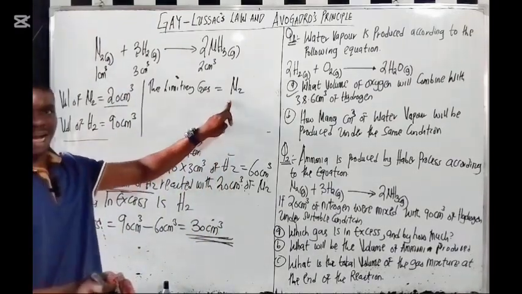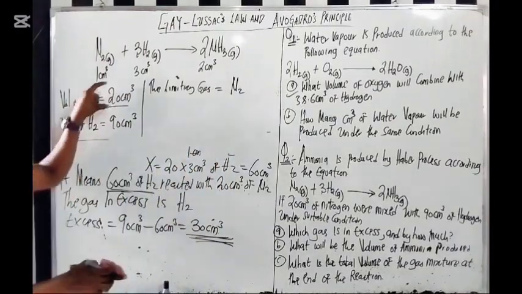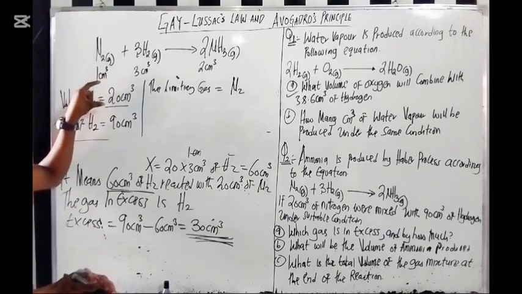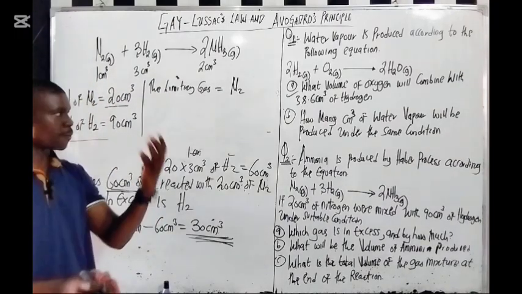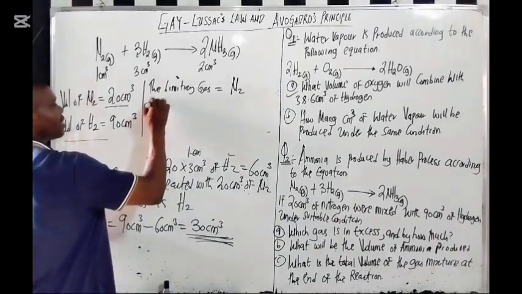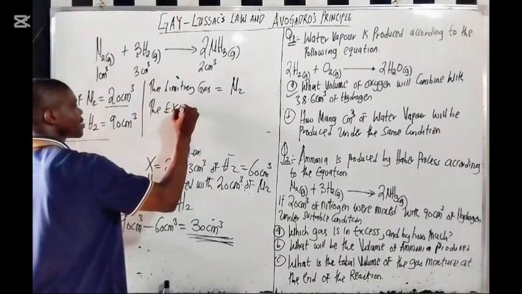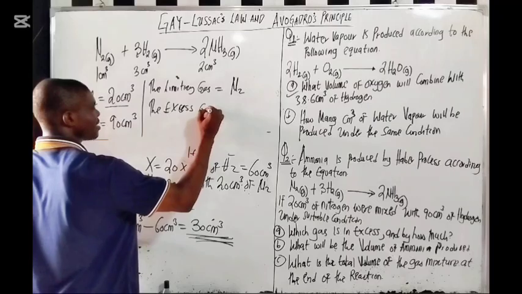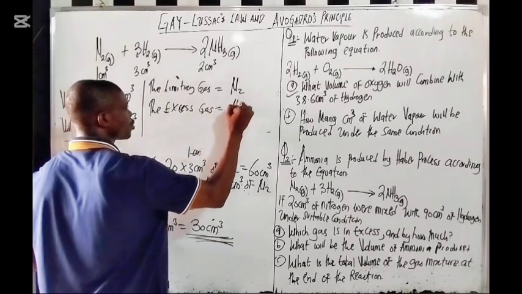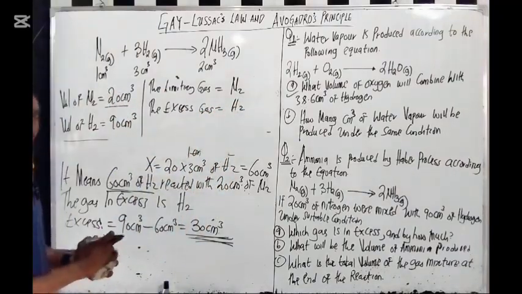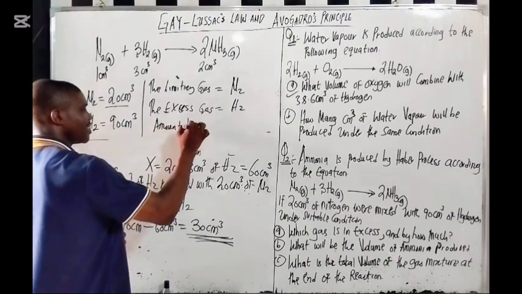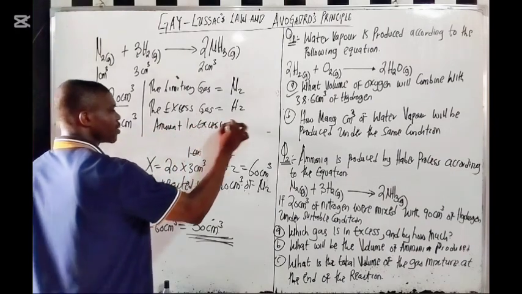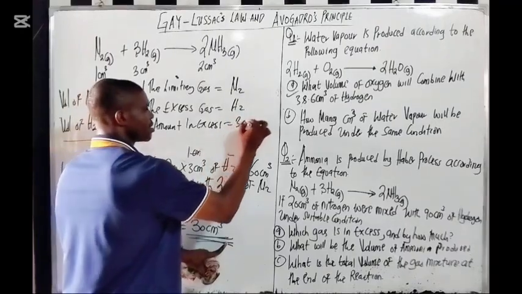Why is N2 the limiting gas? Because it is being used up, since 20 cm cube of N2 is reacted completely. The excess gas is H2. Does that make sense here? The amount in excess is 30 cm cube.